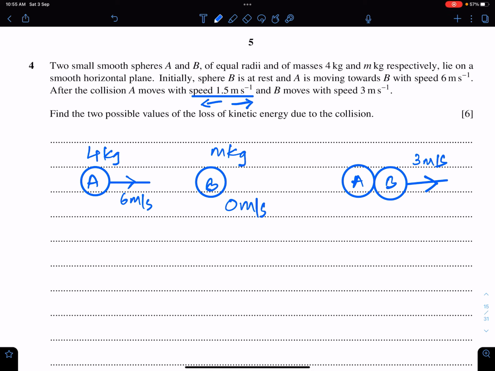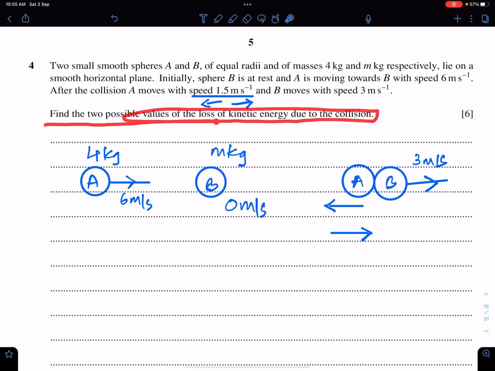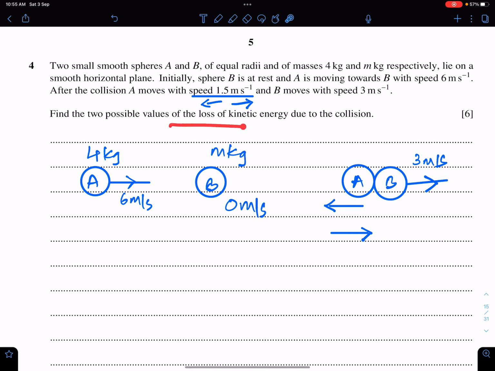But we don't know the direction of A. It could be this or this. So there are two possibilities. And the question is, find the two possible values of the loss of kinetic energy due to the collision. Two possible values means because of these two directions. So first we will find the loss in kinetic energy with this direction of A and then with this direction of A.